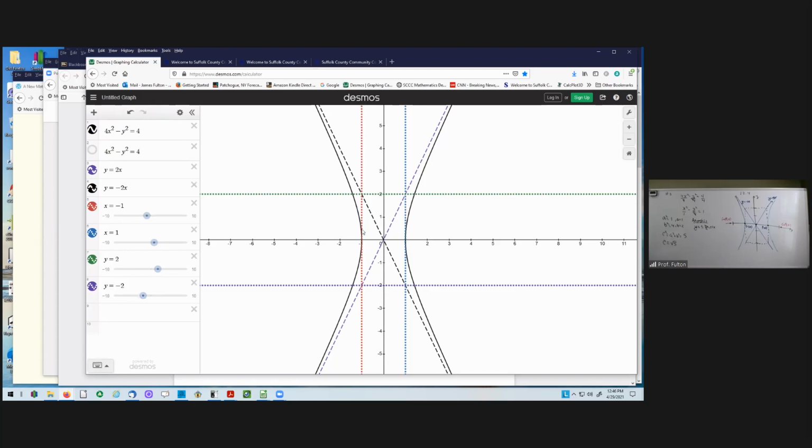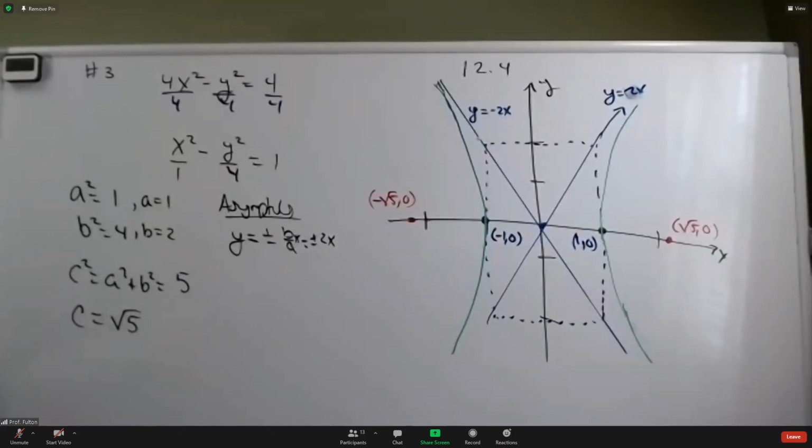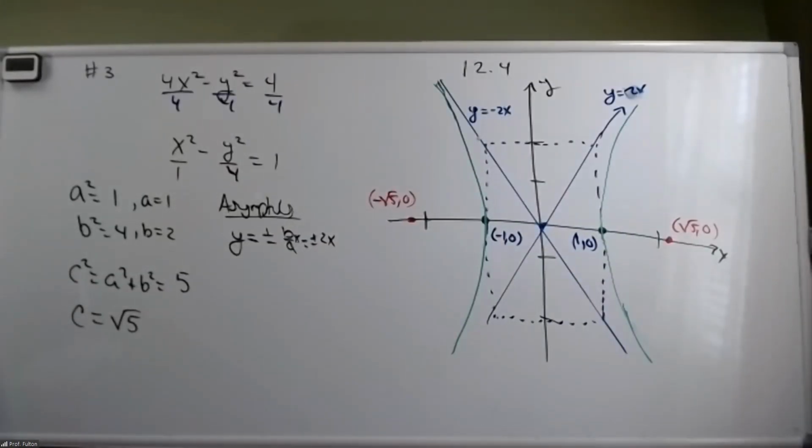I'm showing the asymptotes. There's the actual curve itself. And there's that little rectangular box I'm talking about. That helps guide me in terms of how I draw those slants. Sometimes they're called oblique asymptotes. So that's everything you need to know about a hyperbola.